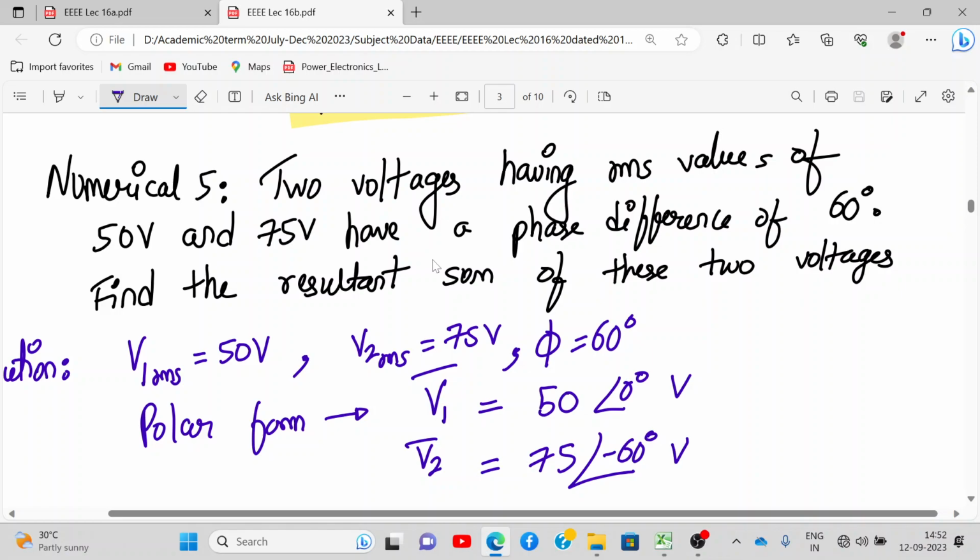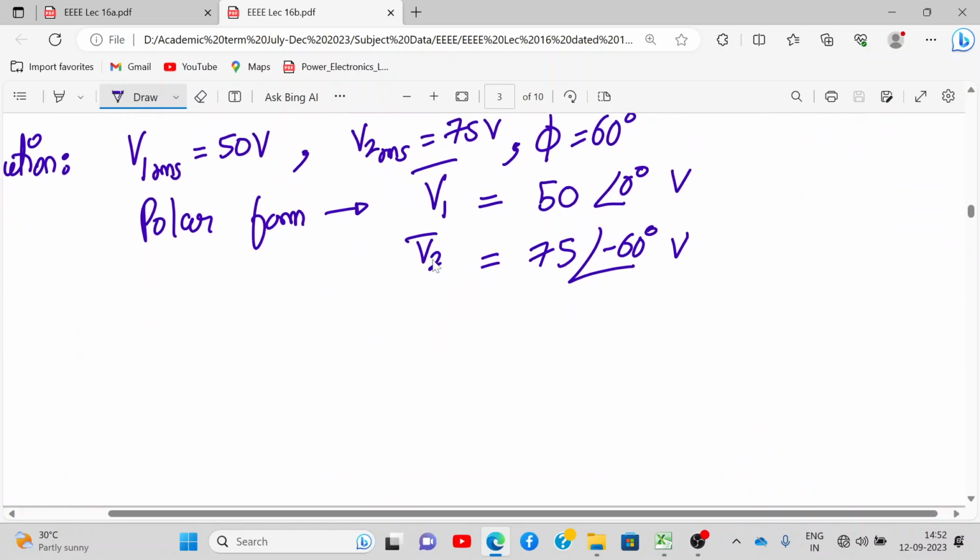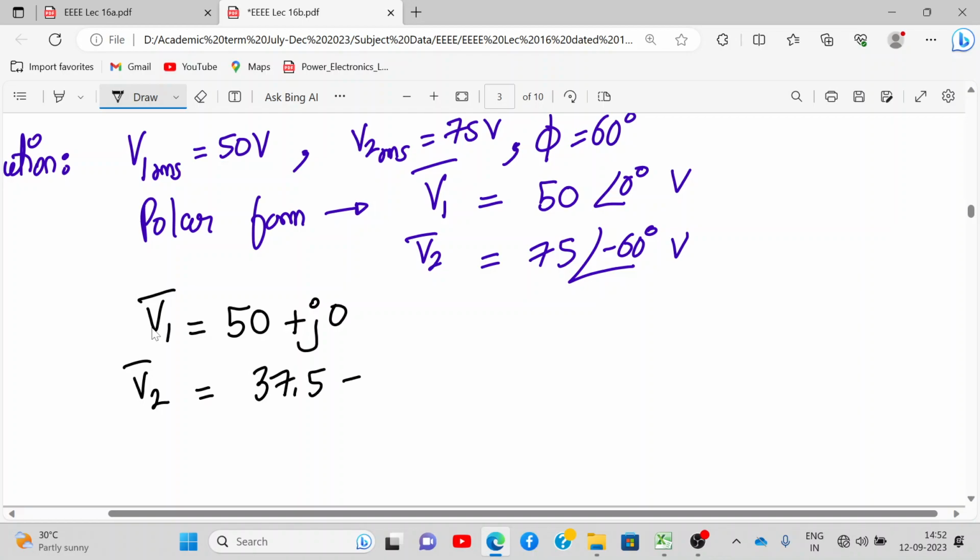Okay, now you know what to do. Convert this polar into rectangular and add them, that's it. So converting now, V1 in rectangular form will be 50 plus j0. V2 will be 37.5 minus j 64.95.